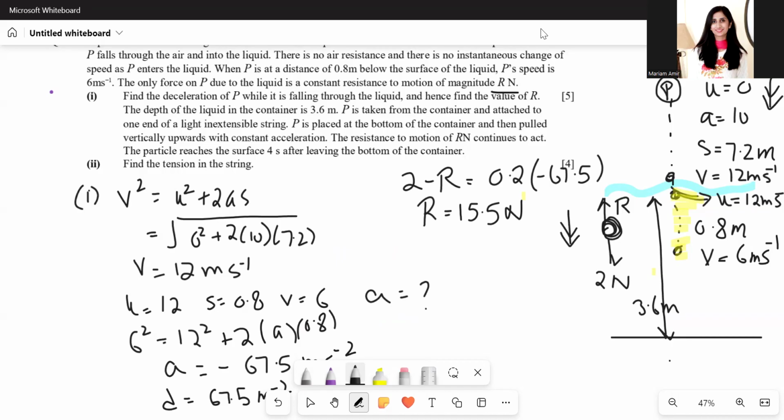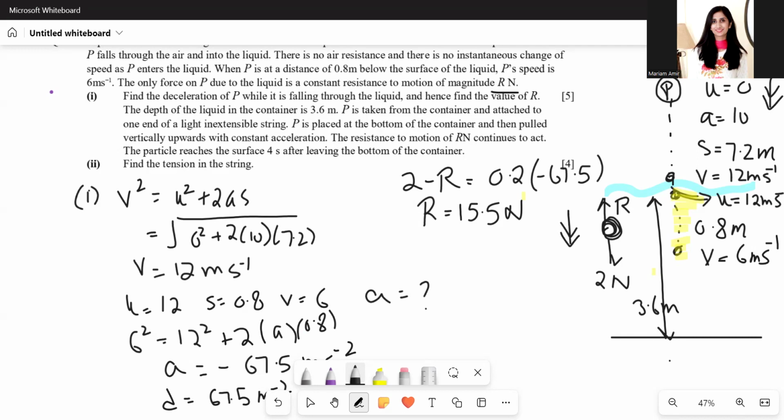Okay. P is placed at the bottom of the container and pulled vertically upward with a constant acceleration. The resistance to the motion of R Newton continues to act. The particle reaches the surface 4 seconds after leaving the bottom of the container. Find the tension in the string.